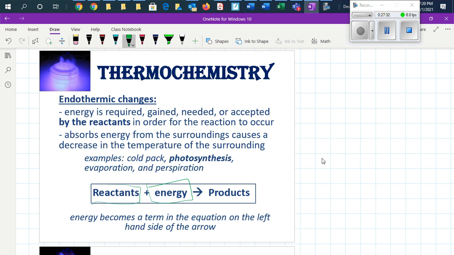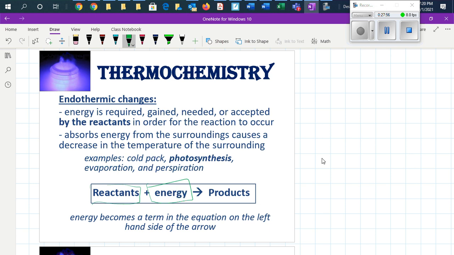This brings us to the first law of thermodynamics, which you have heard even before: energy cannot be created or destroyed, but it can be converted from one form to the other.